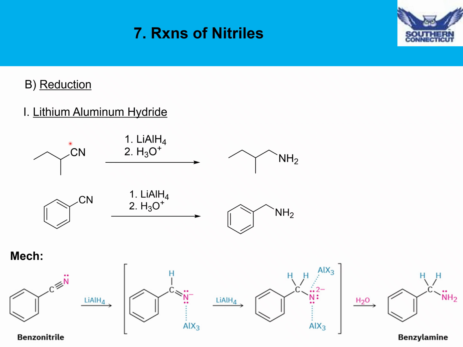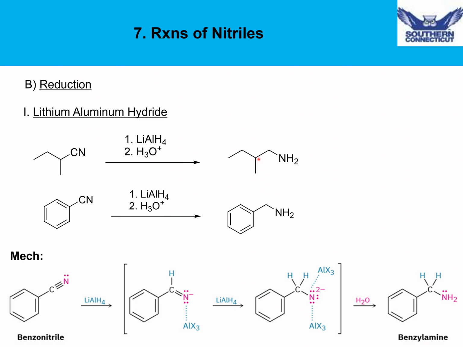Nitriles can be converted into amines by using a hydride reagent such as lithium aluminum hydride. As an example, this nitrile here, when treated with lithium aluminum hydride, will be converted into this primary amine. Notice that the amine has the same number of carbons as the nitrile that we started with.